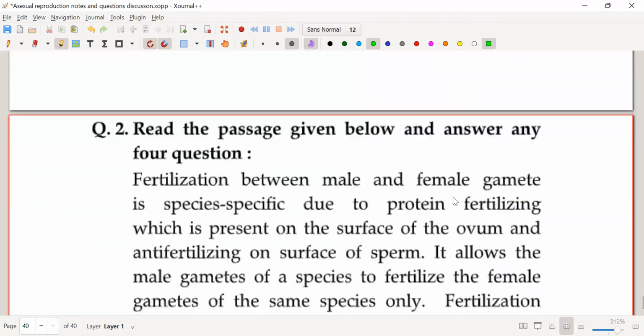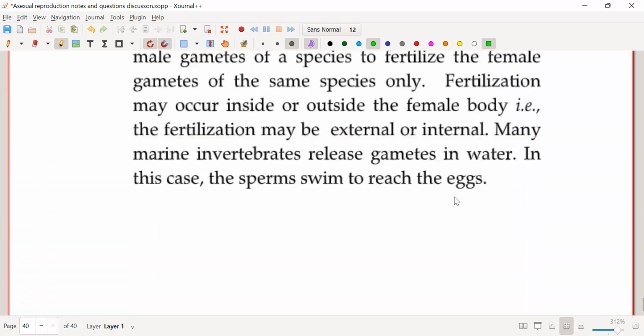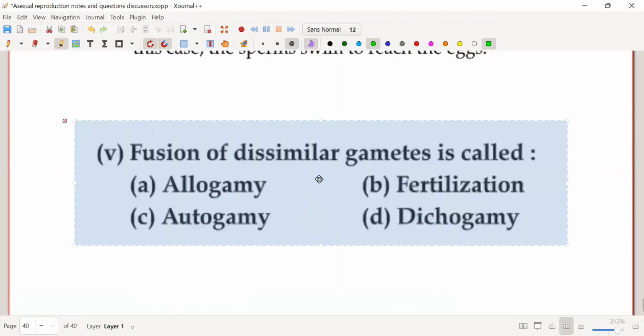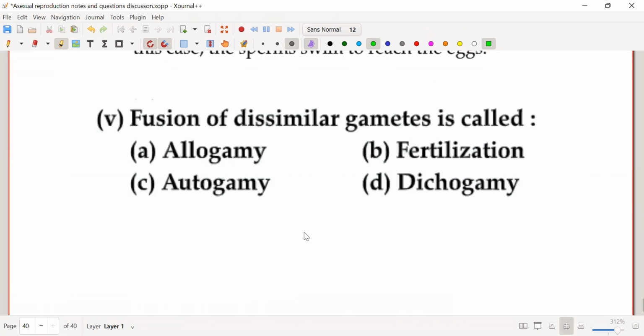And the final question of this session. The fusion of dissimilar gametes is called. The fusion of dissimilar, that is male and female gamete, is called fertilization. All right.